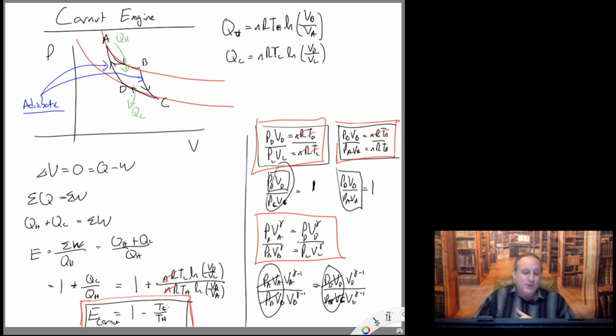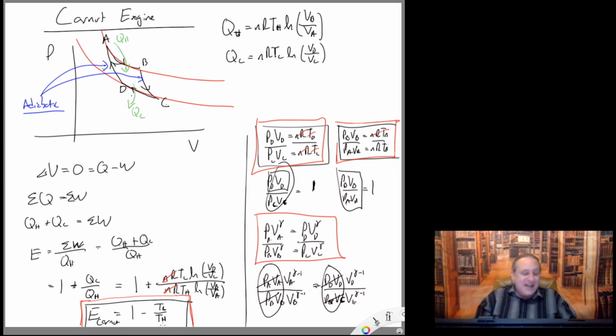If we could get absolute zero for our cold place, even deep space, far beyond our solar system, the temperature is maybe 2 to 3 Kelvin, just because of the radiation passing through space. But if we could get an absolute zero temperature, then we could have a 100% efficient machine.